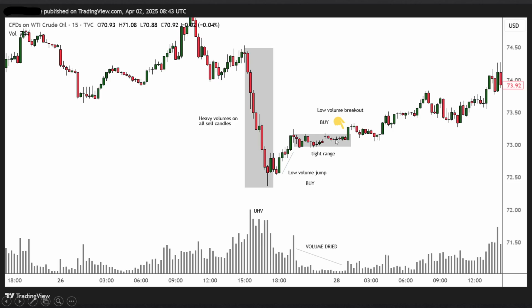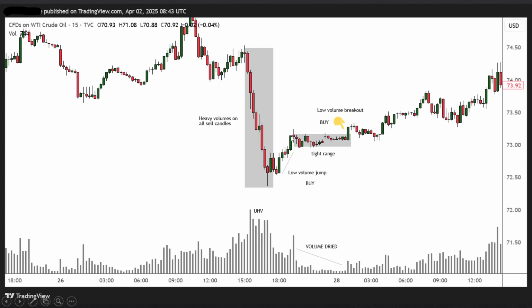So this whole range actually happened when there was bad news, with heavy volumes on all sell candles. Professional big players, big smart money, were buying, retail traders were selling, and a time comes when selling dried up, supply was almost over, and now demand is overruling the supply.